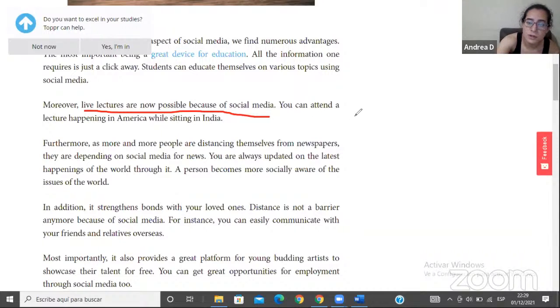So this is an advantage, right? Now, if you want to introduce a disadvantage of social media, you cannot say furthermore because it's supposed to be adding something. So you need to add a transition to contrast the idea. So you're gonna say, nevertheless, social media has these disadvantages.